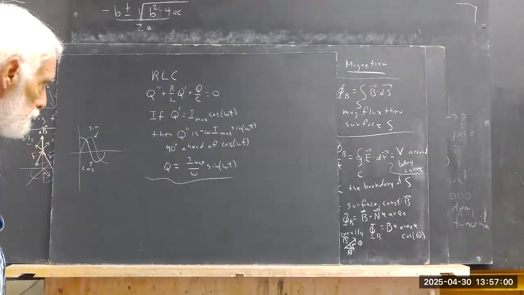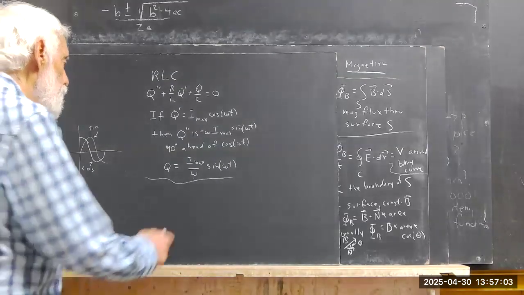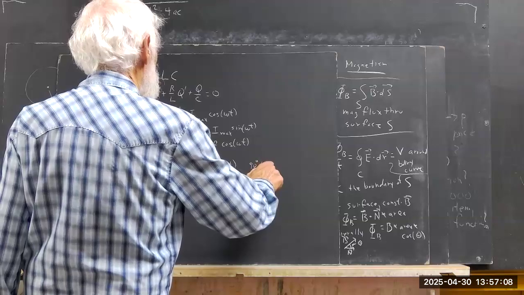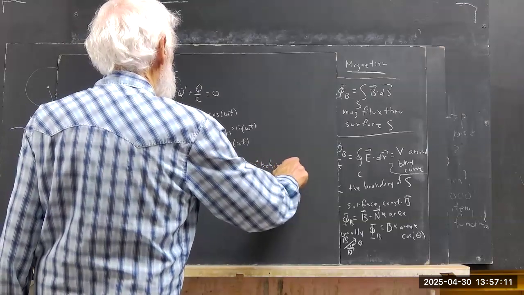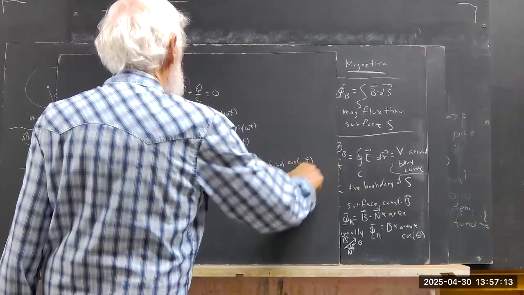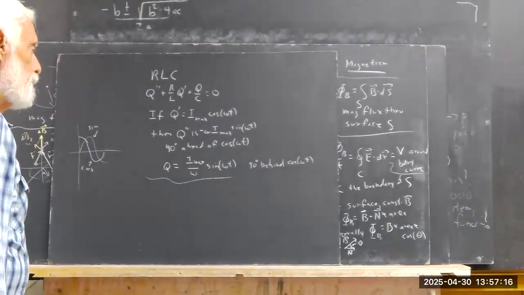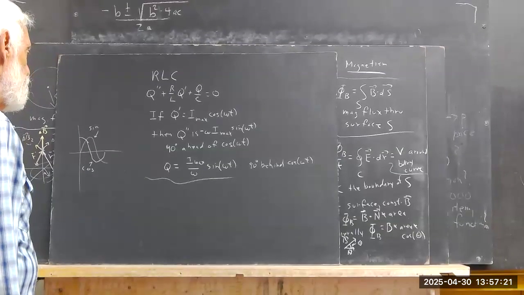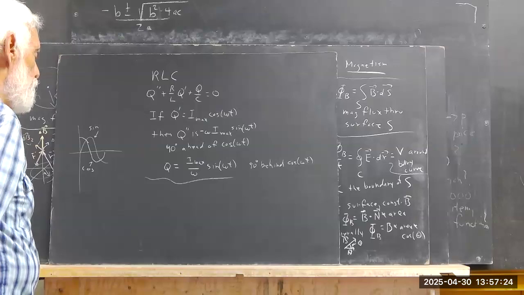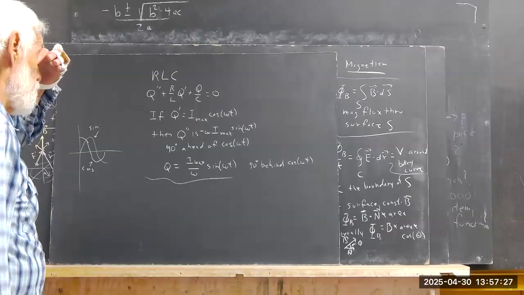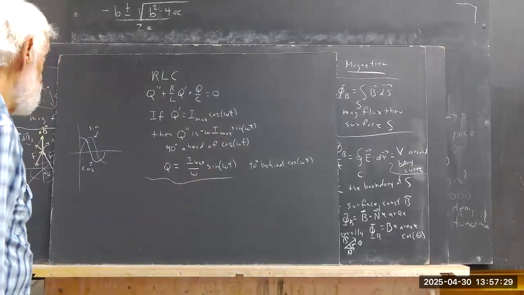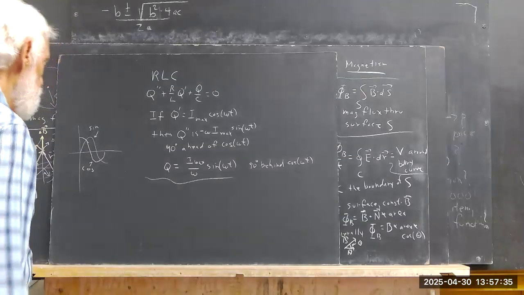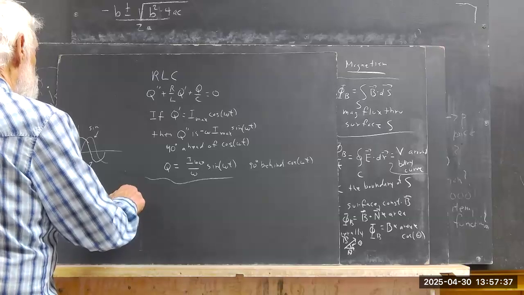I think I got some wrong here. This is negative. Never mind worrying about that. In any case, this is what gives us our phasor diagram.